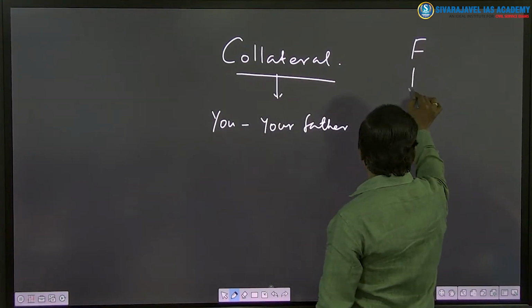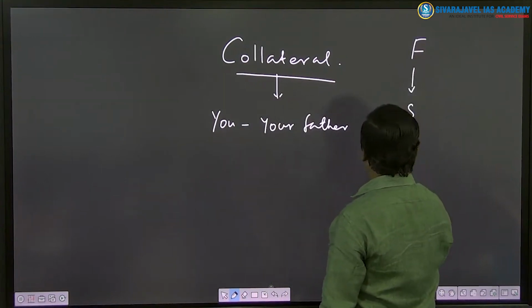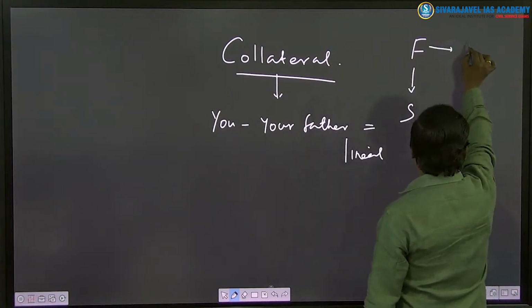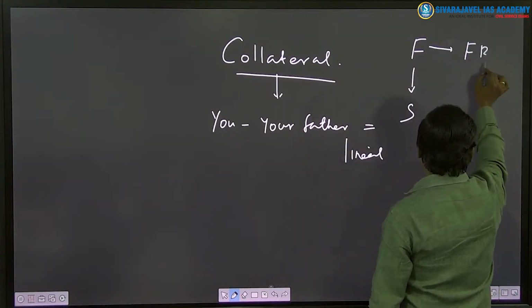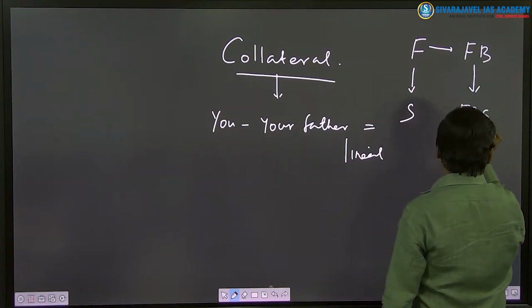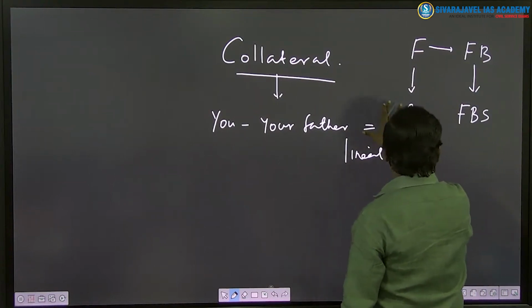Father, son. It is who? Lineal. Okay, collateral means father has his brother, father's brother. Father's brother has his son, father's brother's son.